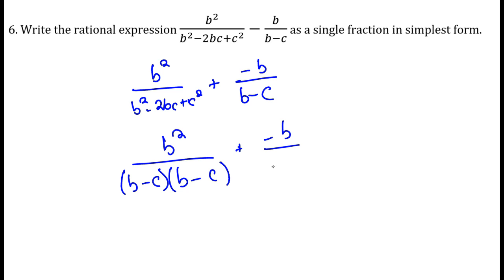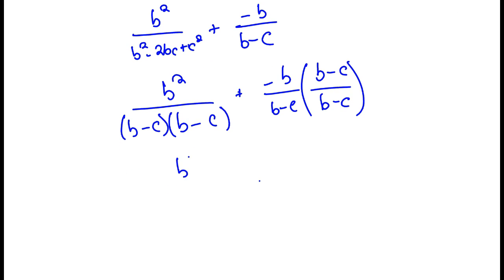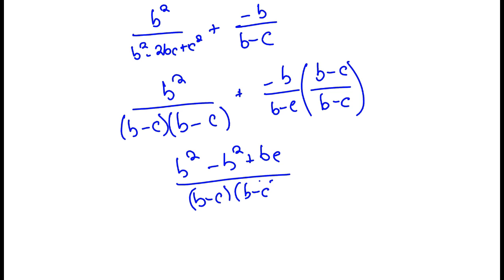Plus negative b over b minus c. Well, this second rational expression needs another factor of b minus c, because I need two of them in the denominator. So I have b squared minus b squared plus bc, once I distribute that negative b, divided by b minus c times b minus c.